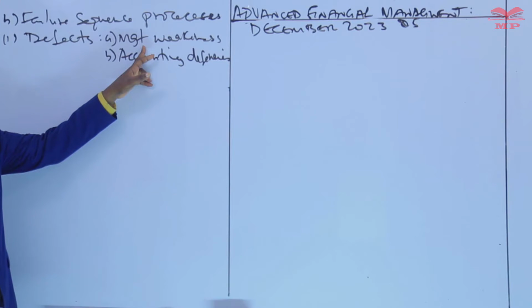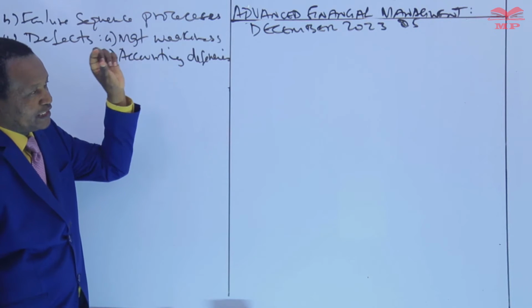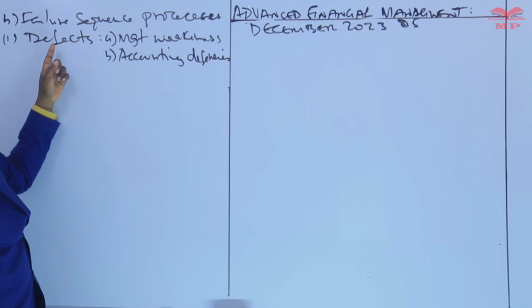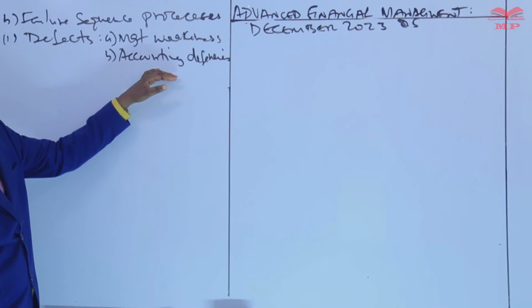Management weaknesses encompass issues like autocratic or incompetent leadership style, lack of management depth, poor succession planning, and so on. Generally, weaknesses in management. That is a defect. Then there are accounting deficiencies.